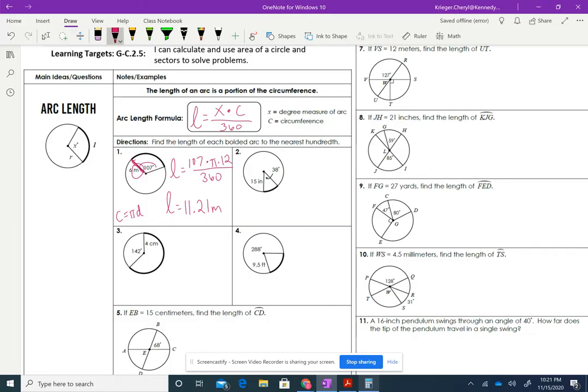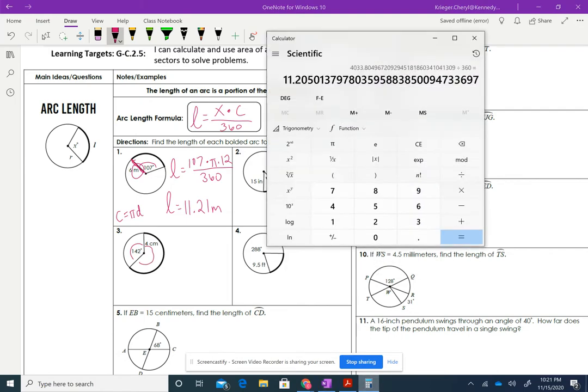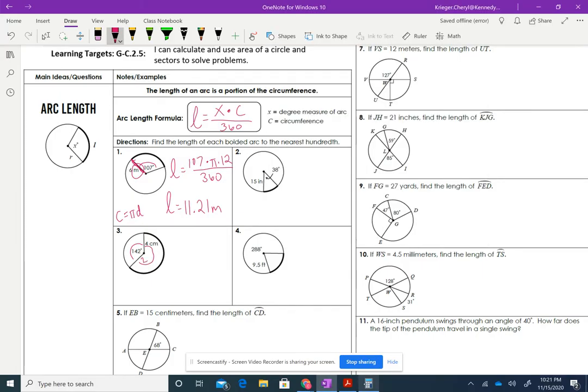Okay, so on number 3, it looks like they gave me the degree measure for the unbolded portion of the circumference, right? That's not what I need. I need this degree measure. So to find that, I'm going to take 360 and subtract the 142, to find the degree measure that I need, 218 degrees.